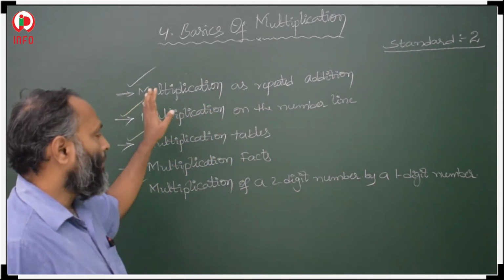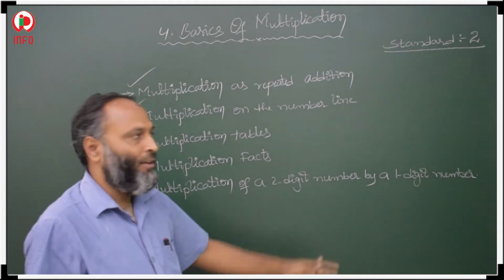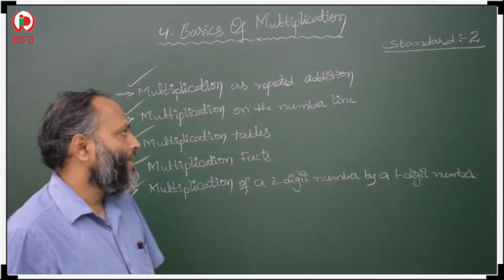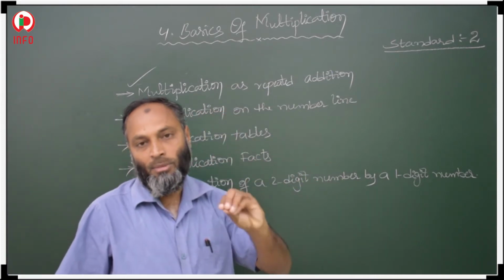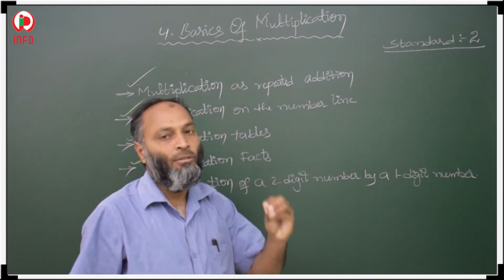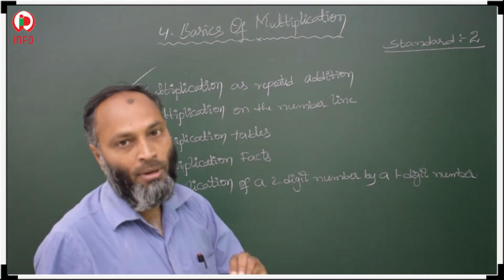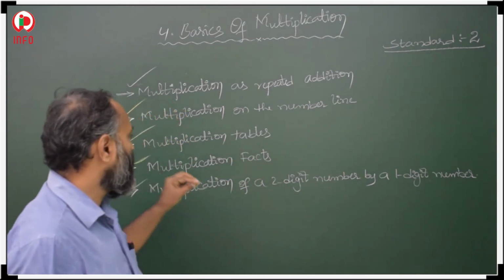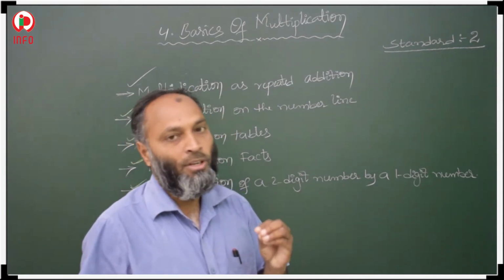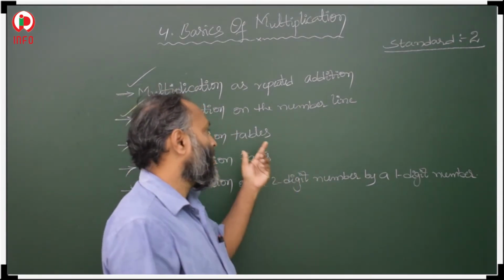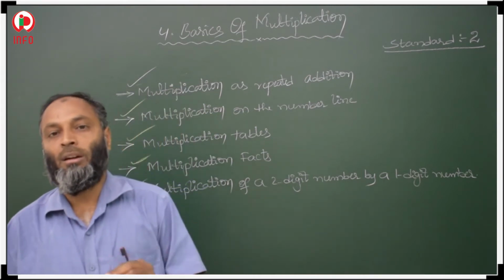First one is multiplication as repeated addition, we are going to discuss this. Second, multiplication on the number line: how to multiply, how to check, how to find multiplication on a number line. Third topic, using tables, so we are going to multiply, and for this you should know tables perfectly by heart.